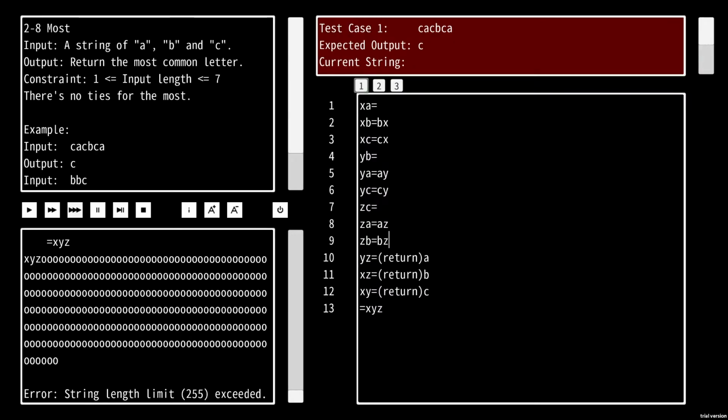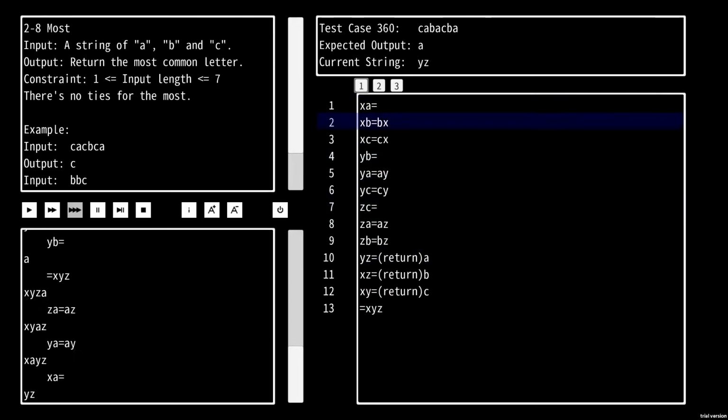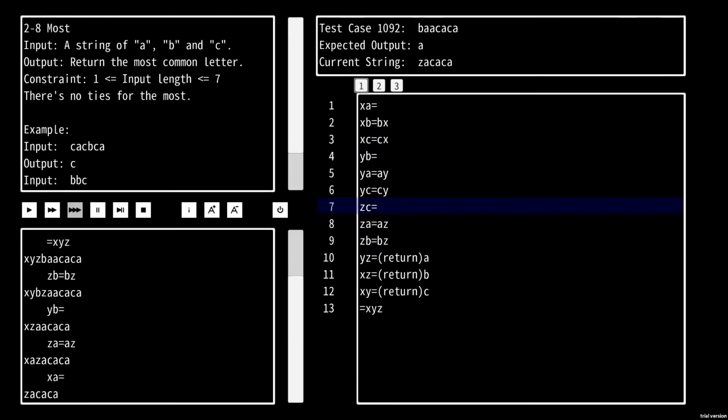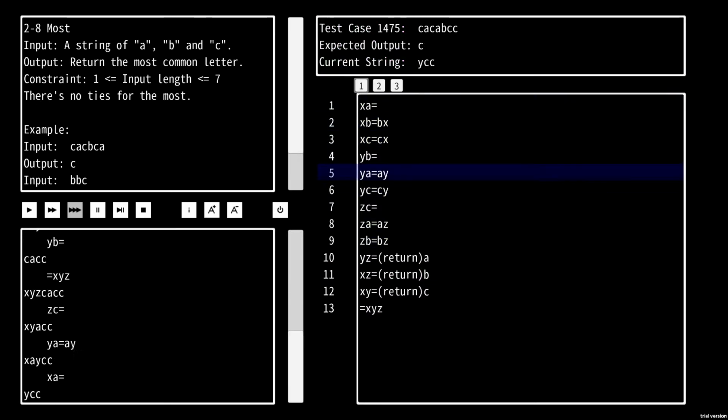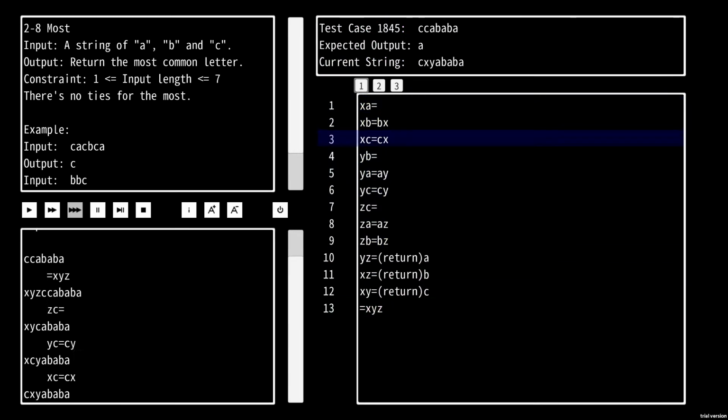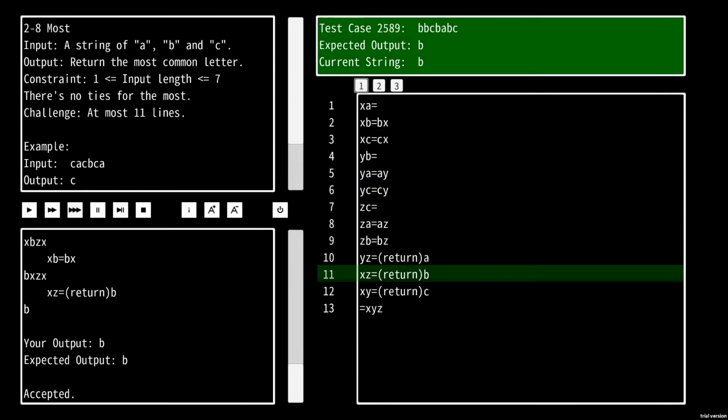Don't want this. Yeah, that was actually quite simple. I don't know why I didn't think of that. 11 is the challenge. Wow.